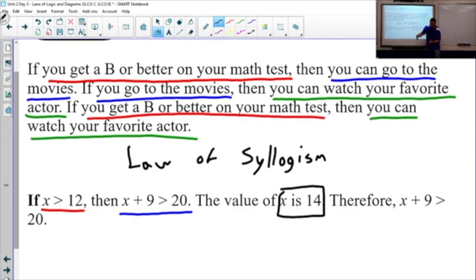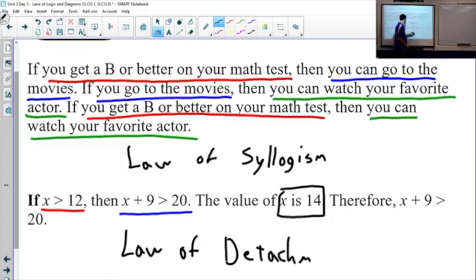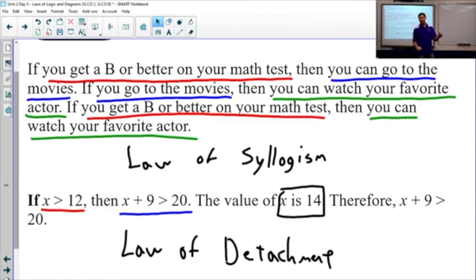So it's taking a specific example and applying it. So that's the law of detachment. So this first one is the law of syllogism, taking two if-then statements, combining them into one. And the second one is the law of detachment, applying a specific example.